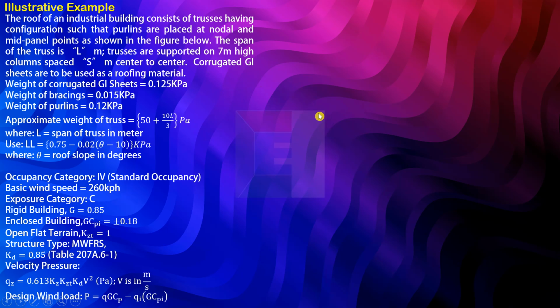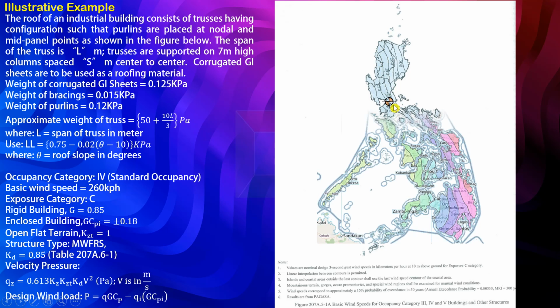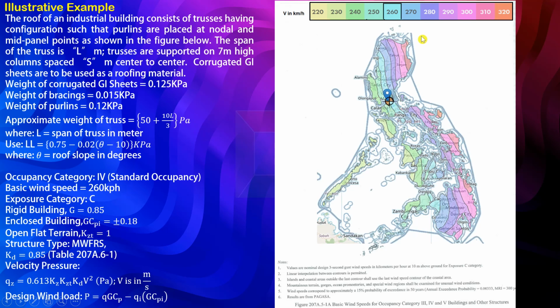Punta tayo dito sa wind load naman. So, yung location nung warehouse natin is andito. This layer. So, somewhere dyan. So, may Rizal na. So, meron tayong mga wind zone dito. So, depende dito sa mga lowers. Ito yung pinaka-lower wind velocity. Then, dito yung pinaka-maximum velocity.